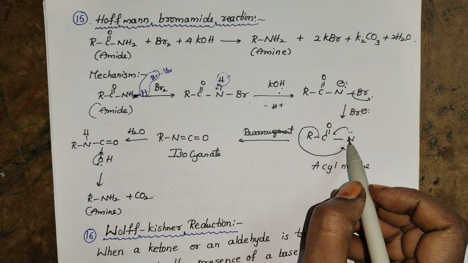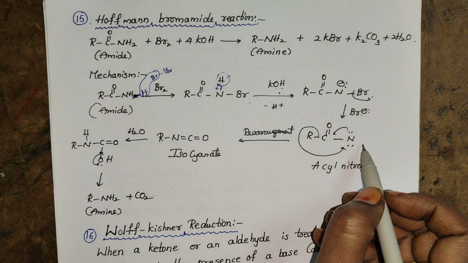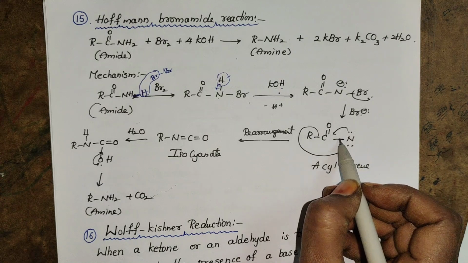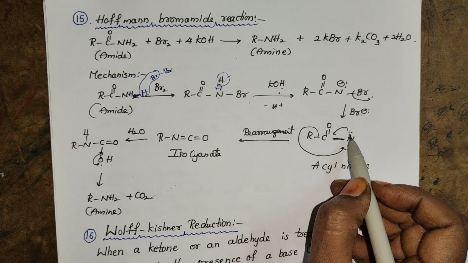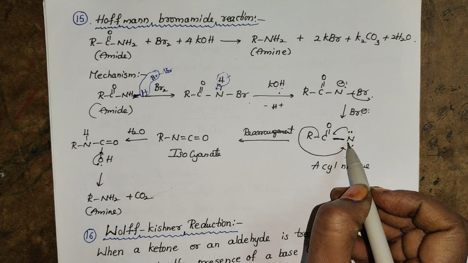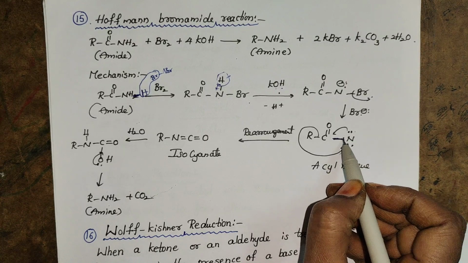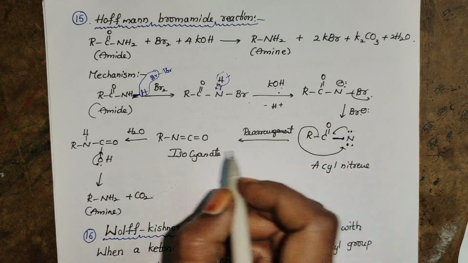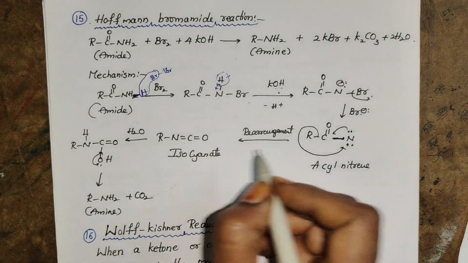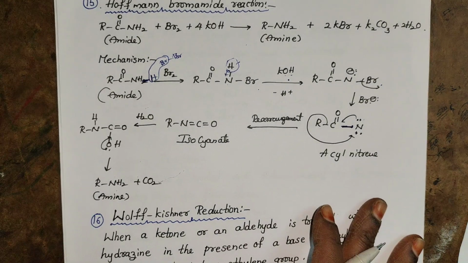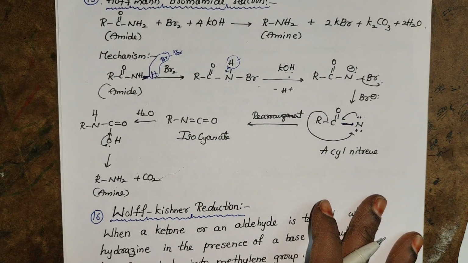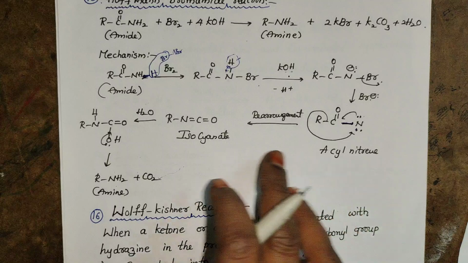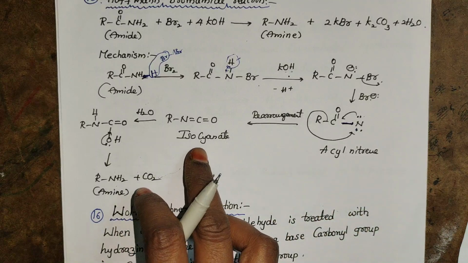Here the extra charge is eliminated. So now nitrogen will contain two lone pairs and one bond. Nitrogen is group 5, right? That is why two lone pairs, nothing but four electrons, and one of the electron. So it is known as acyl nitrene. This acyl nitrene is rearranged as isocyanate. It is an important MCQ point. In Hoffmann bromamide reaction, acyl nitrene is converted into isocyanate.